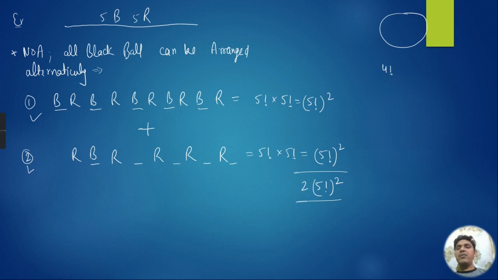Now we are left with 5 places, and at those 5 places I have to arrange 5 black balls. So the total number of arrangements will be 5P5, that means factorial 5. So the answer of this question will be factorial 4 multiplied by factorial 5 in a circle. And there will be only one case, not two.